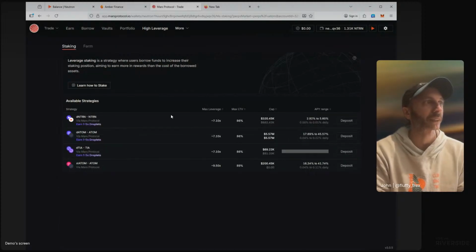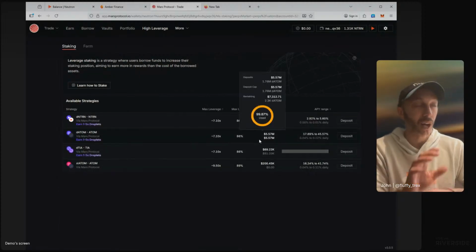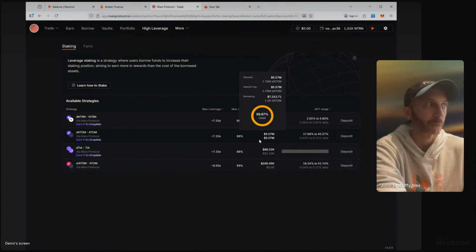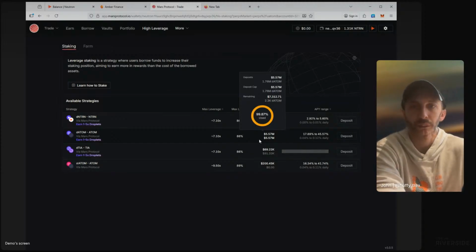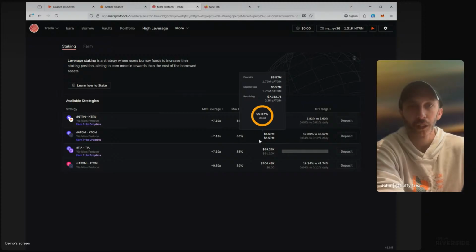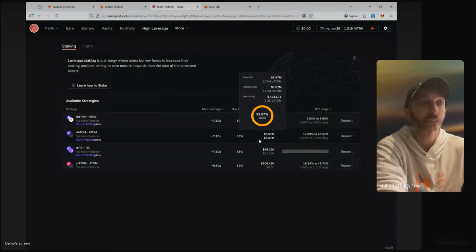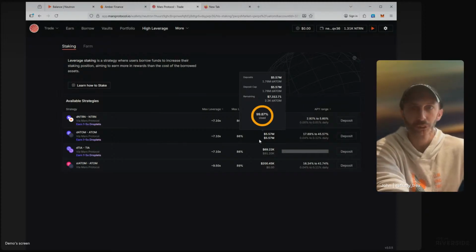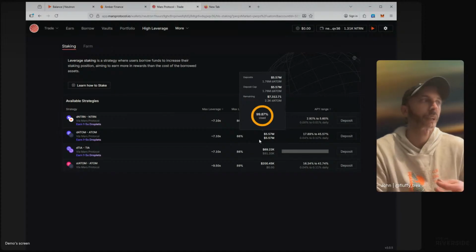If you go to high leverage and use these strategies, I'm pretty sure Mars is using the redemption price for dATOM. So I believe you cannot be liquidated for a depeg for high leverage strategies in Mars, but that is a good question to confirm with whatever protocol you're using to leverage loop on.